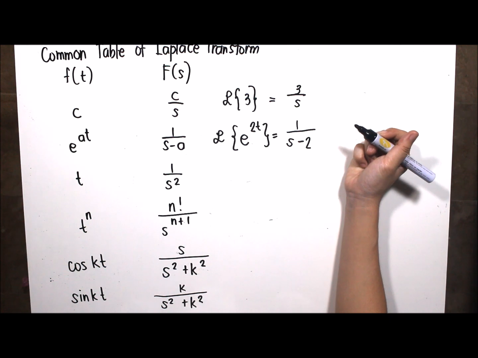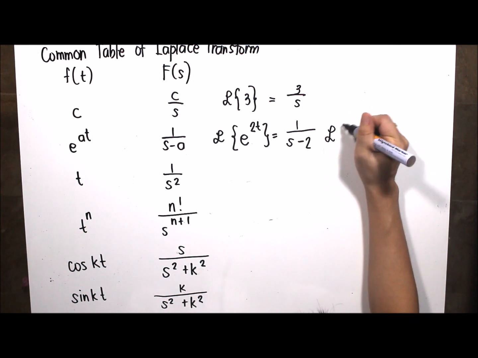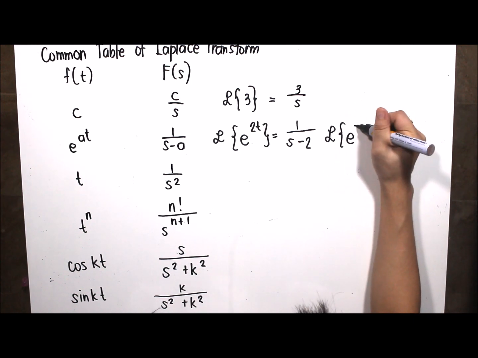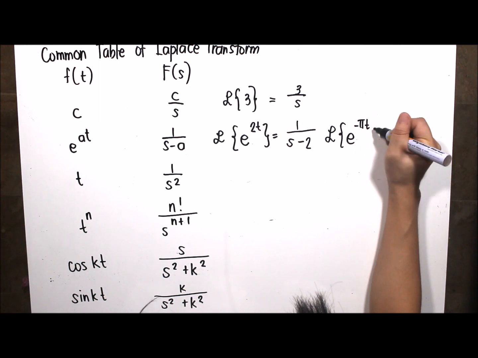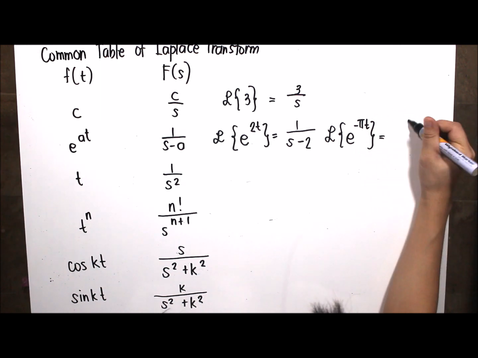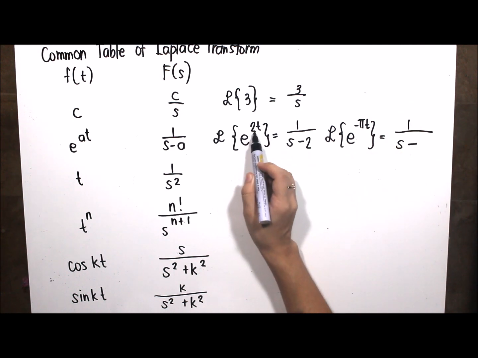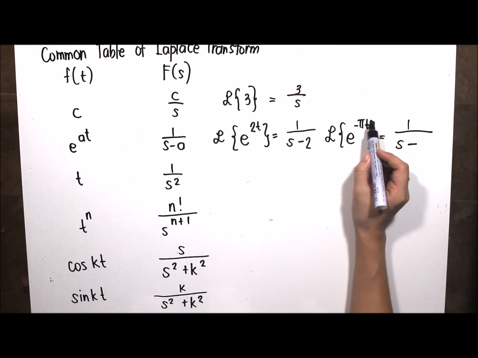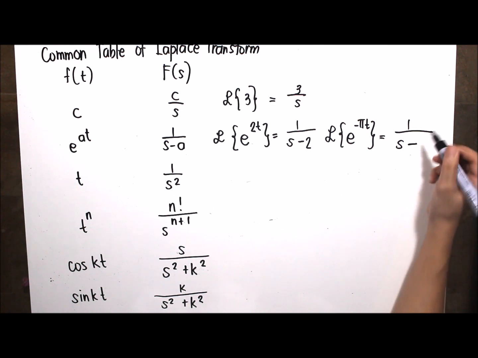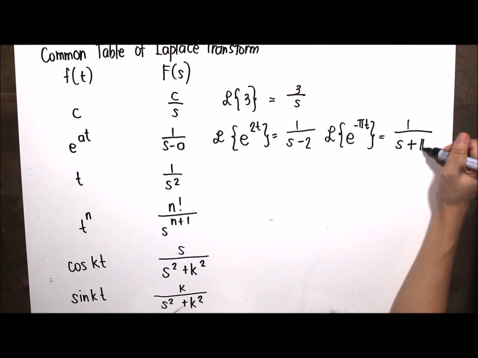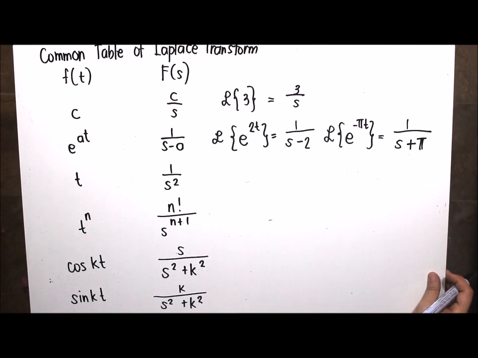So s minus 2. Take the Laplace transform of e raised to negative pi t. That would be 1 all over s minus, again, a, but a here is negative pi. So minus negative pi makes it positive pi.